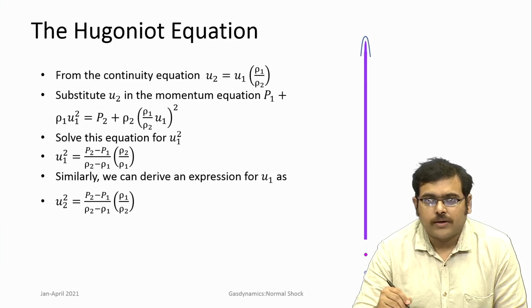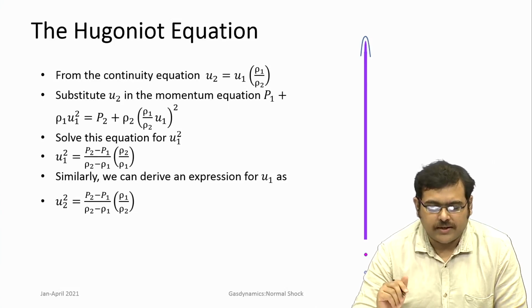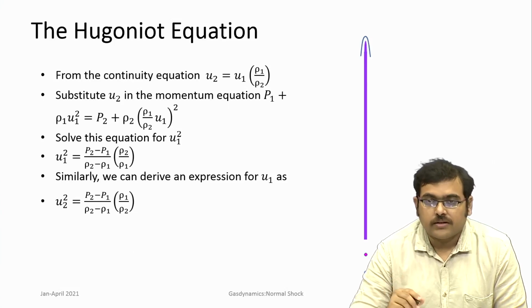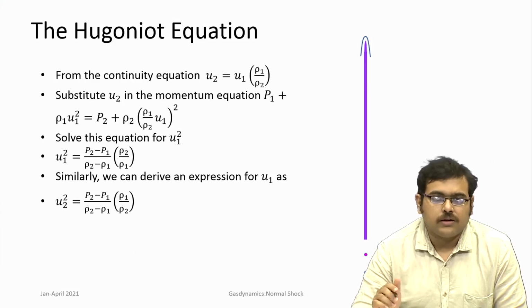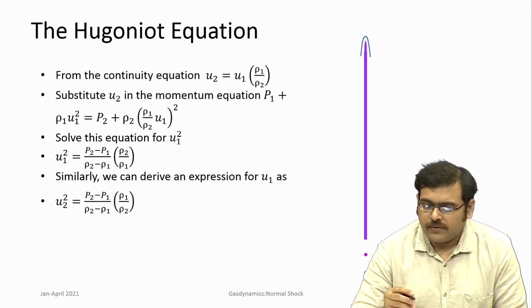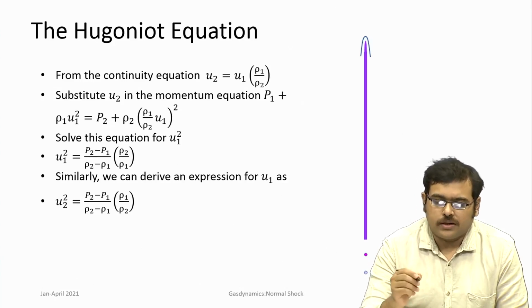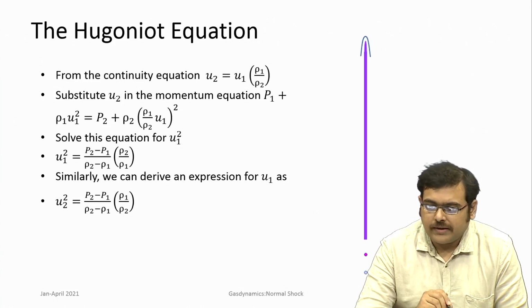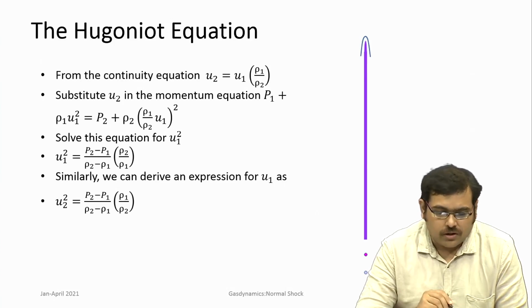So one can look at all possible shock states, and we will see how to do that. Until now, all the expressions for normal shocks had the upstream Mach number in place. So here we will look at how to write the equations for thermodynamic variables across the shock.